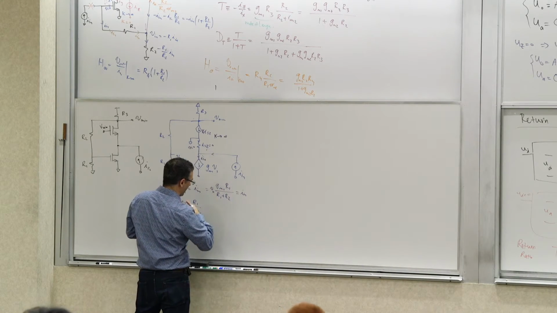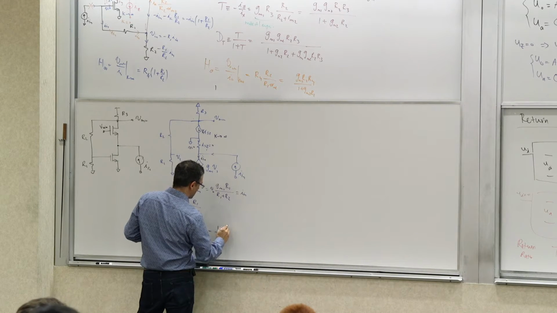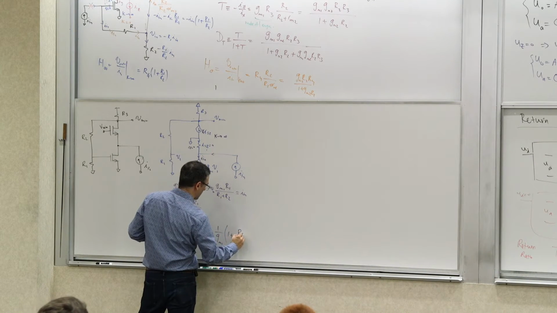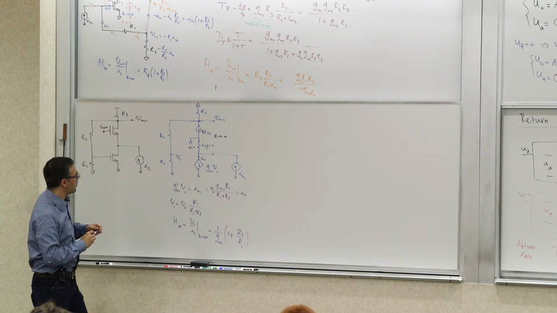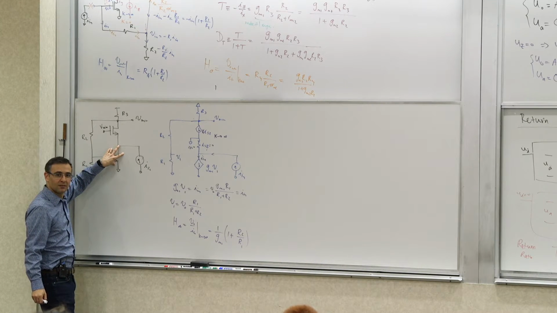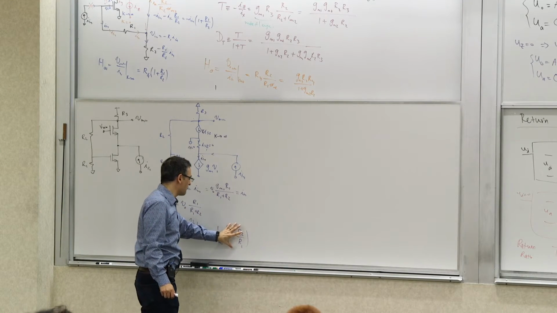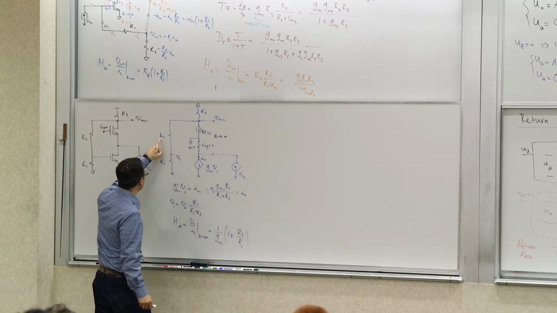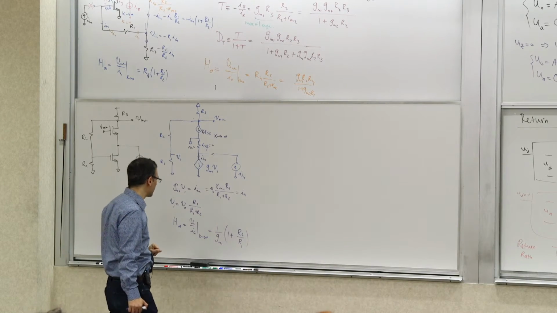It's V out over I in, so it becomes 1 over gm1 times 1 plus R2 over R1. That makes more sense. So it's 1 over gm of this transistor, scaled by 1 plus R2 over R1, which is the ratio you see in the resistive divider. We've seen this before. This is H infinity.